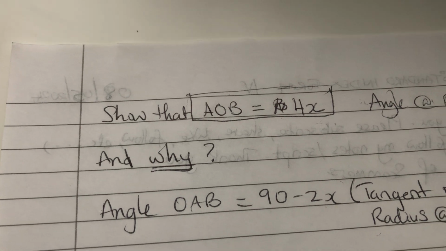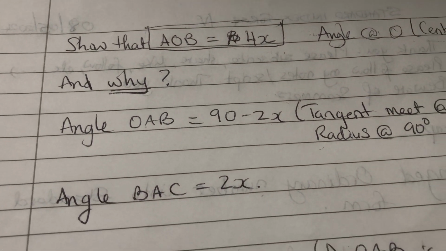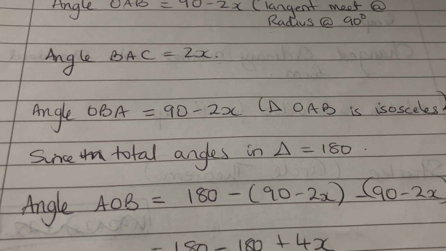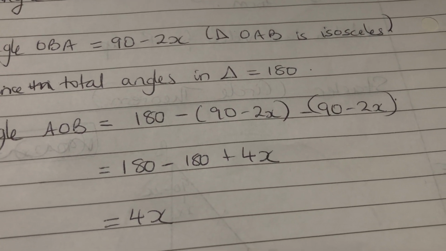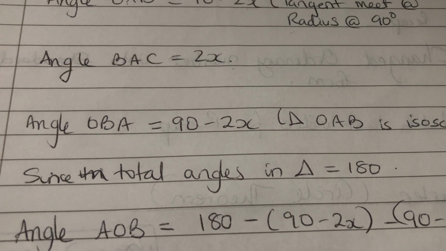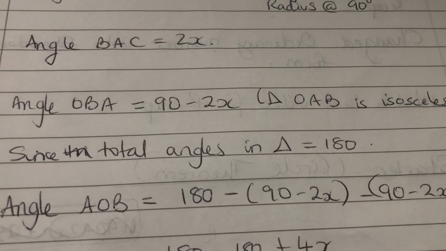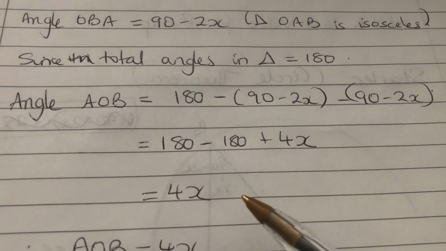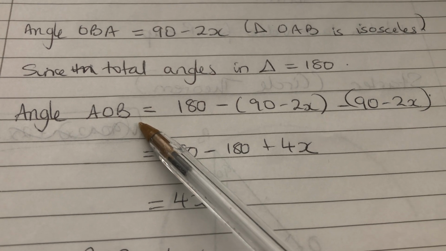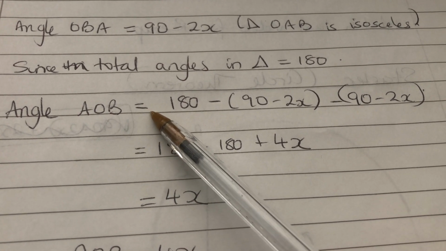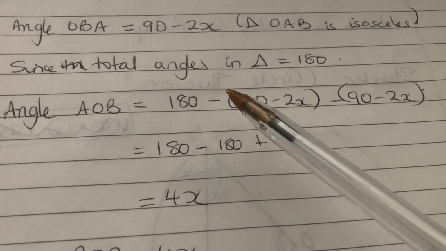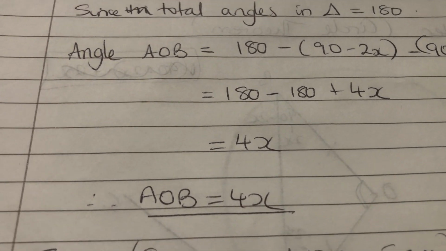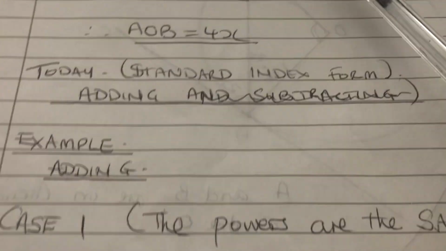If you follow this, you can't go wrong. Immediately you set your reasoning right, everything becomes calculation, unless you miss the negatives here. You should arrive at the angle at O, or AOB in the triangle, that is the angle at the center, to be 4x. So AOB is 4x, so we've done that.